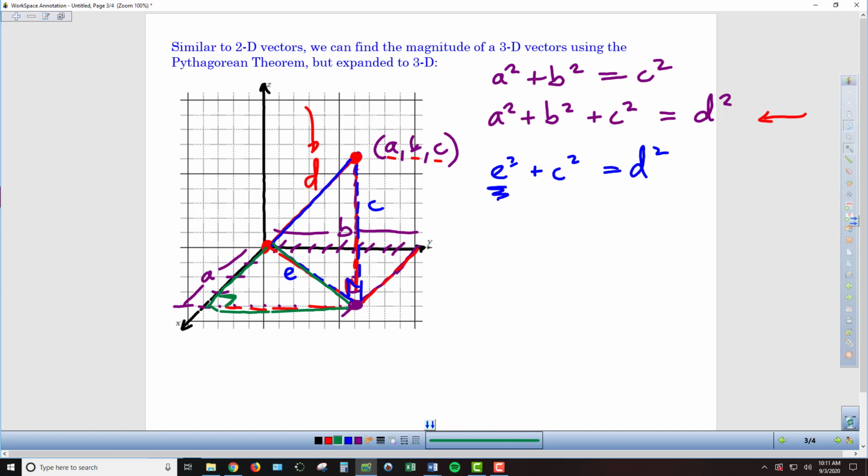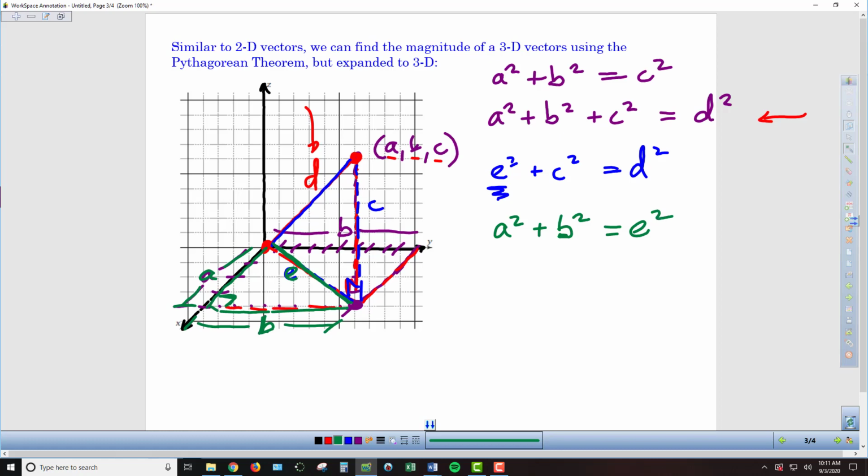So again, A is this distance right here. B, recall, is the distance that we're traveling in the y direction. So those are the legs of our triangle. So we can say a squared plus b squared is going to equal the hypotenuse, which is now this e right here, e squared.